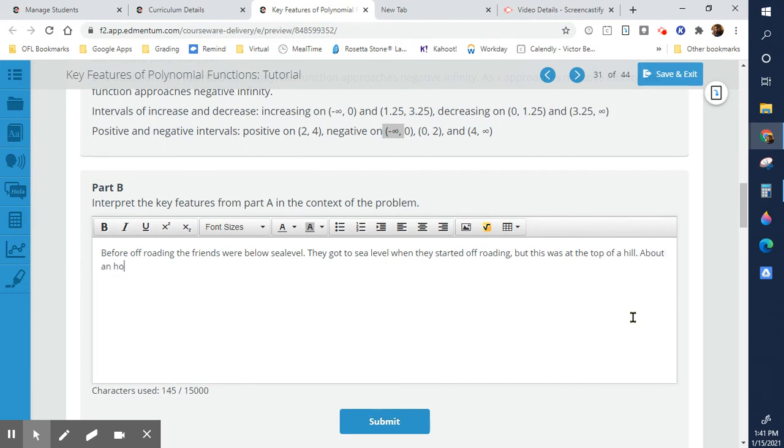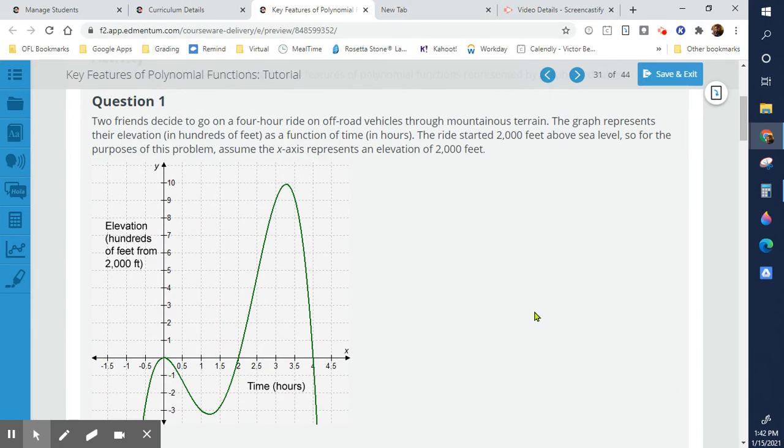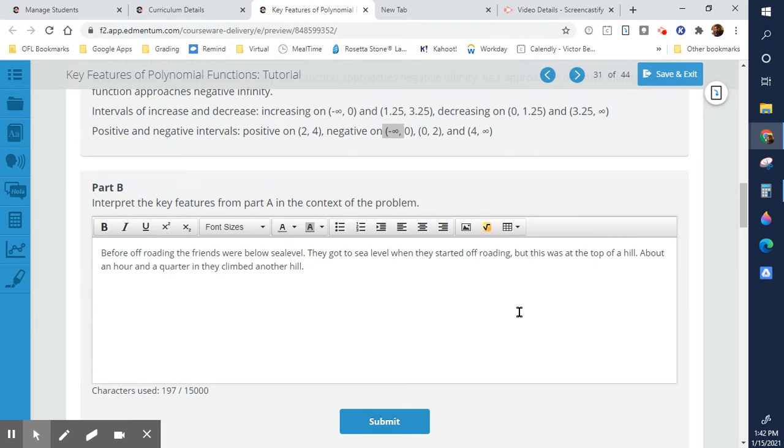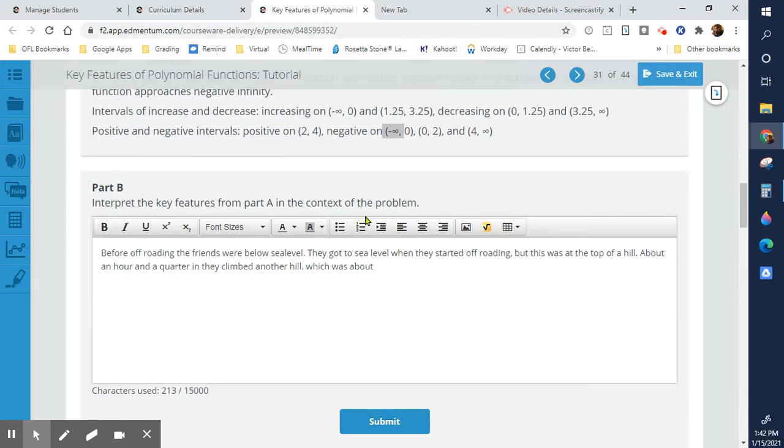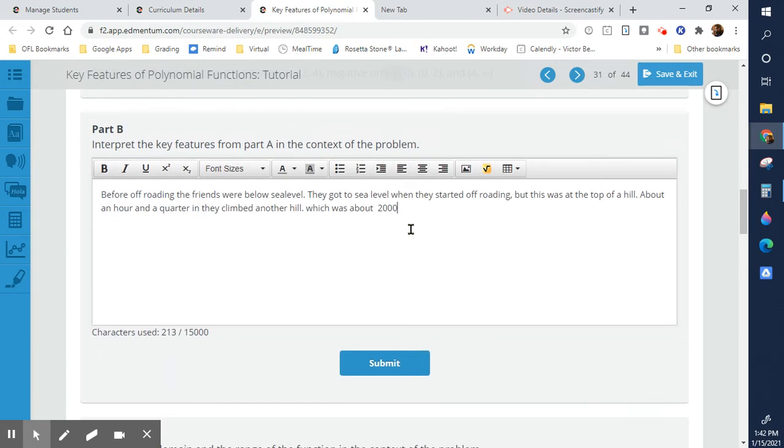About an hour and a quarter, because it's 0.25, in they climbed another hill, which was about, what's our maximum? 20,000 feet. 20,000 feet.